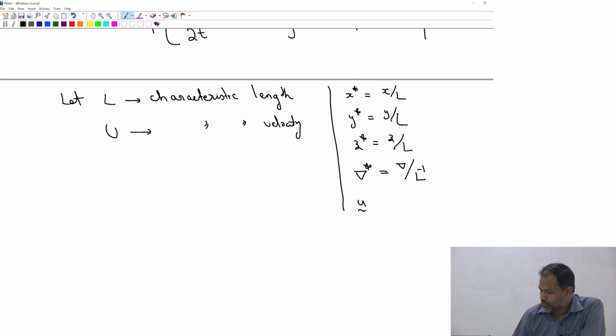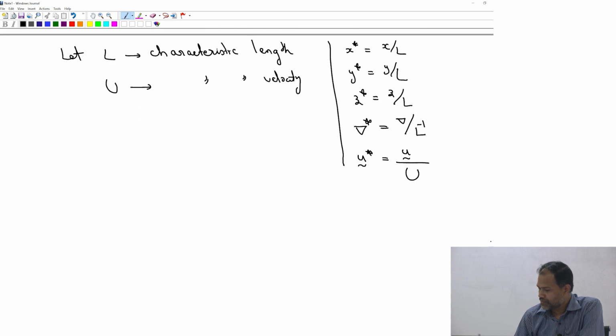I'll say my u star is u divided by some characteristic velocity U. My t star will be t divided by L by U. Okay, any doubts?